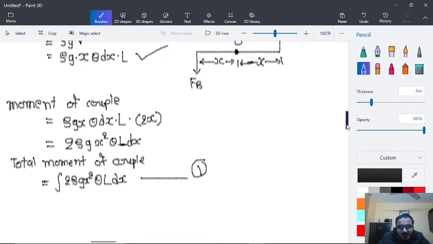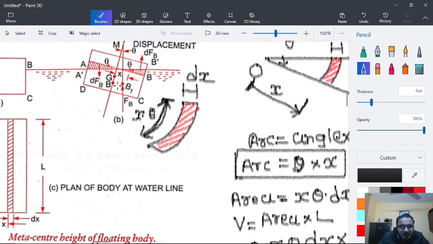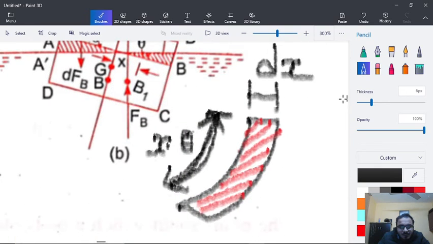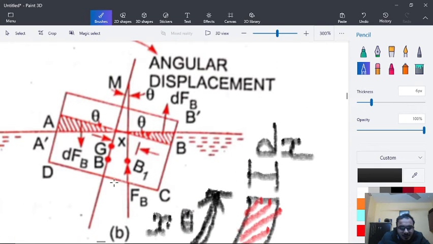And now if we see the figure, then here we are having a force FB1 over here, that is having a shift of center of buoyancy from B to B1. So it has passed through this. So we need to calculate the moment of this, that is Fb multiplied by BB1.